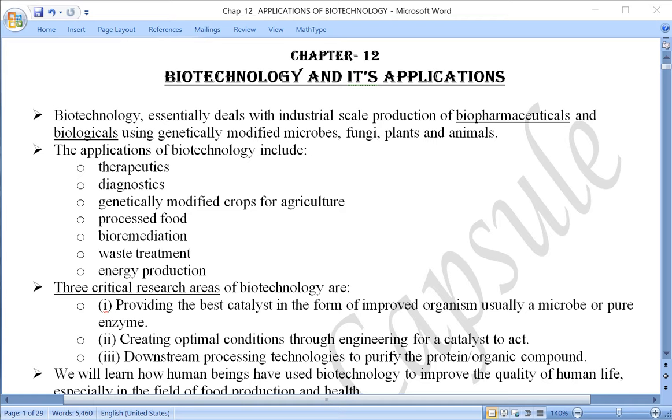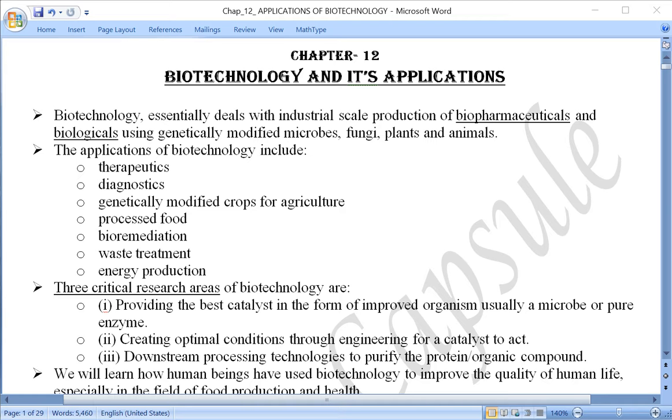And then the fifth step we had discussed was obtaining a foreign gene product. Now for obtaining this foreign gene product, it can be obtained at a small scale like in a laboratory, or otherwise on a large scale like in an industry.